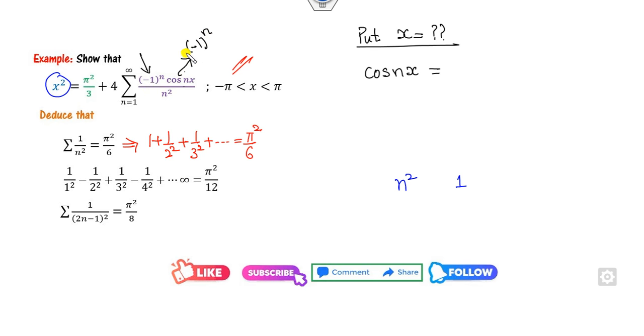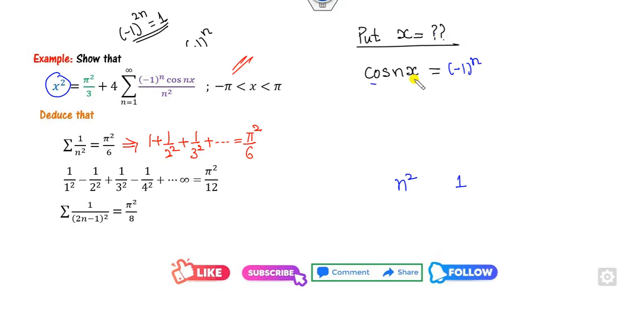When you multiply this number with here, it is always plus 1. So your target is to choose an x in such a way that this term will cancel out this term. When will it cancel out? Only when cos nx is minus 1 raised to power n.